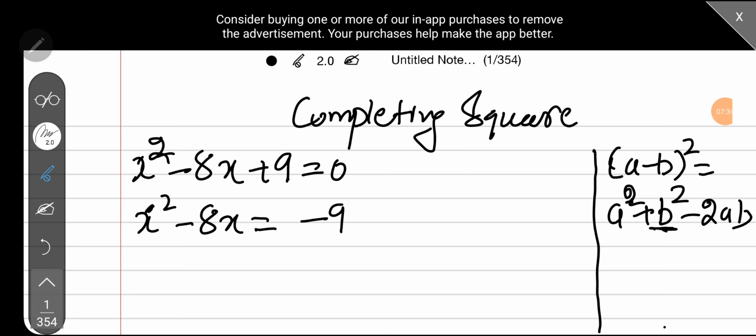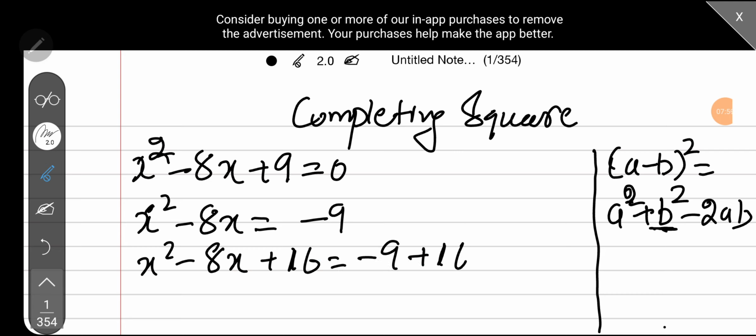What should be added to this equation in order to use this formula? If we add 16 on both sides, the equation is now complete for the completing square method.